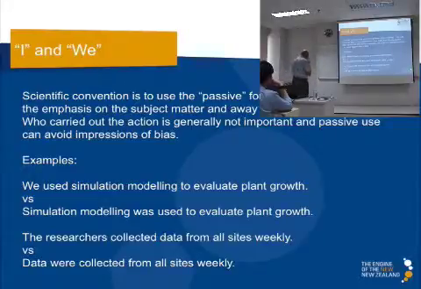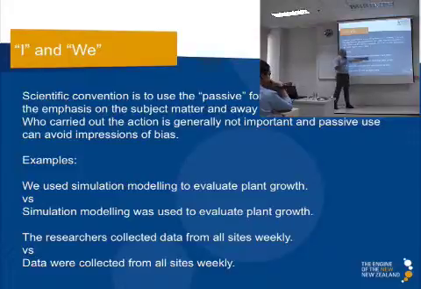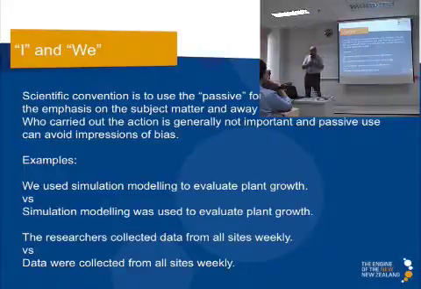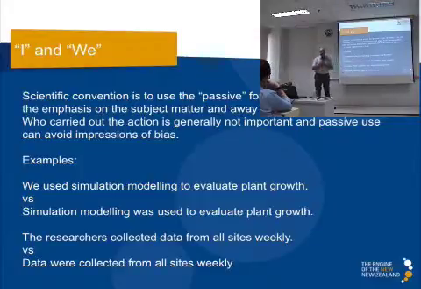So I put some examples in the handout. We use simulation modeling to evaluate plant growth, as opposed to simulation modeling was used to evaluate plant growth. The researchers collected data from all sites weekly. Data were collected from all sites weekly.